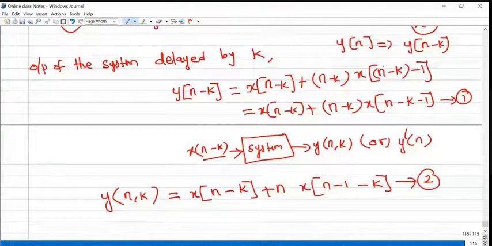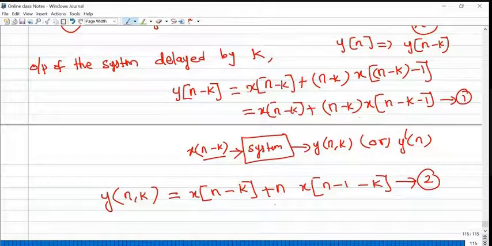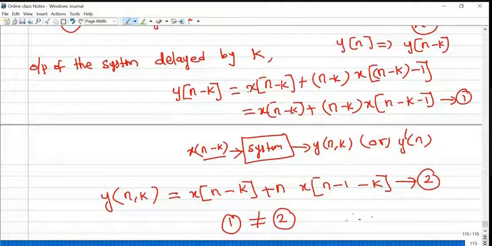Check: n minus k, n minus k. x of n minus k minus 1, x of n minus 1 minus k. These are okay. But here n minus k is there, while here only n is available. So equation 1 is not equal to equation 2. Therefore, the system is a time variant system.